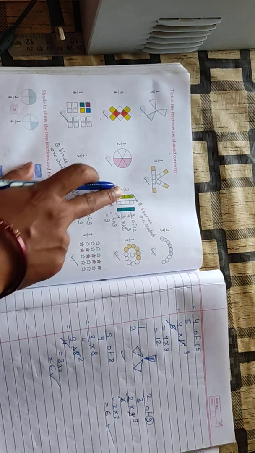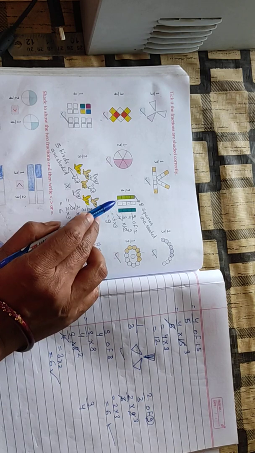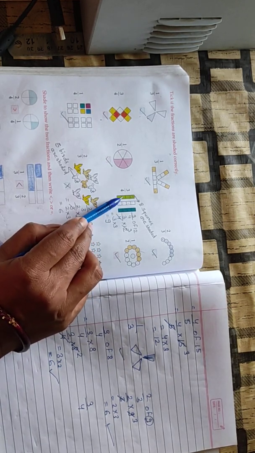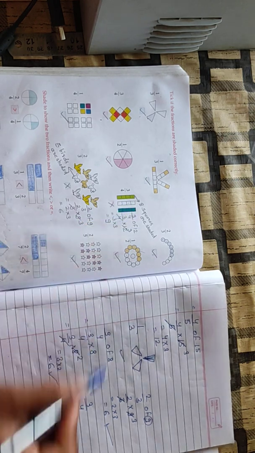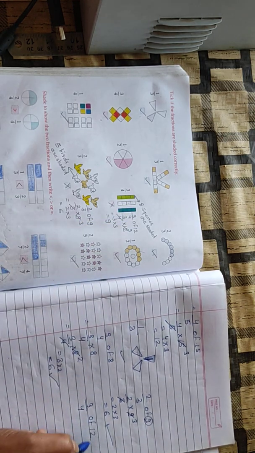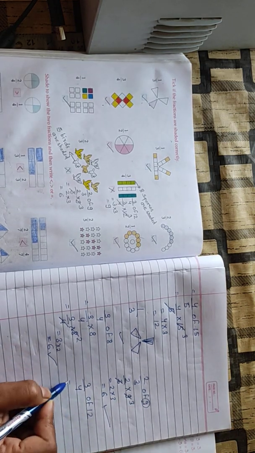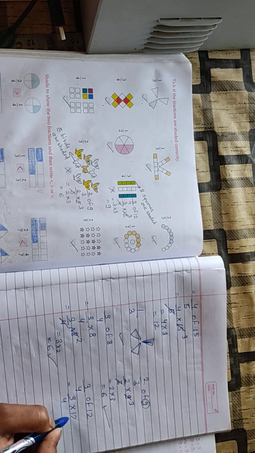Now let us see this 3 by 4. Let us first count how many squares are there in total: 1, 2, 3, 4, 5, 6, 7, 8, 9, 10, 11, 12. Total 12 squares are there. Now 3 by 4 of means multiply by 12.